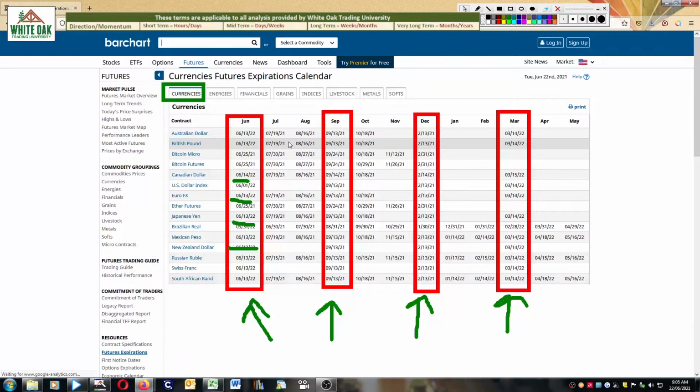All right, so now that we know when the contracts expired, we know when the data was released. It was released just yesterday, but we know that it was recorded on the 15th of the month. That's important.